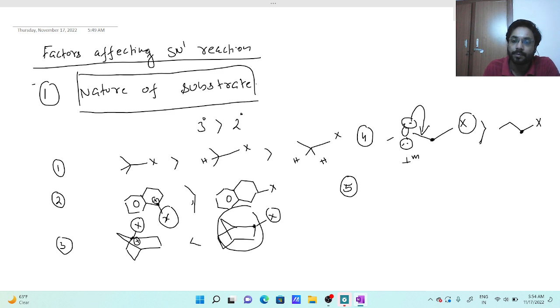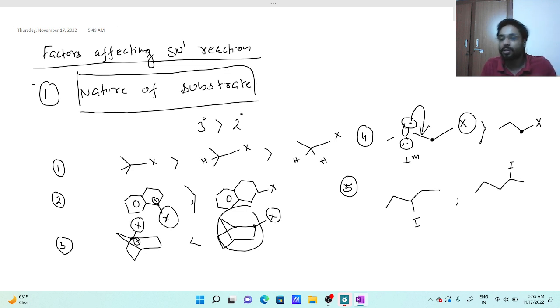Fifth example. I'm writing it here. This is a very good example, so try to solve this. Lots of people used to get confused in this example.